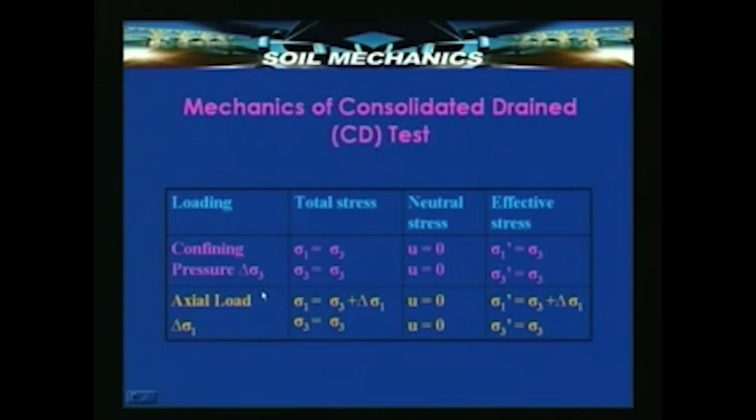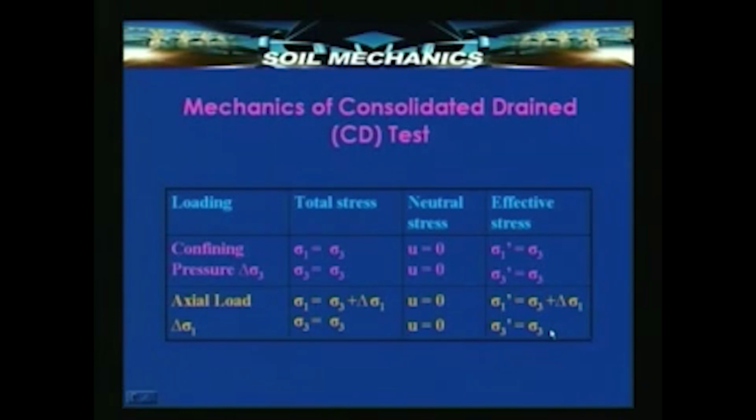On the other hand, when the axial load is applied in the next stage, the applied pressure gets added to the total stress in the vertical direction, because no pressure is applied in the horizontal direction. The neutral stress still remains 0, because during shear also drainage is not prevented. The effective stress therefore becomes the difference of these two, equal to sigma 1 dash equal to sigma 3 plus delta sigma 1, sigma 3 dash equal to sigma 3.